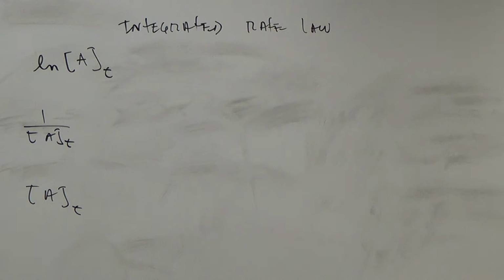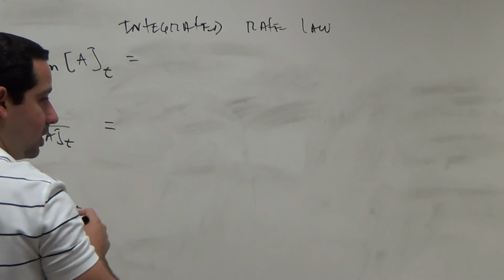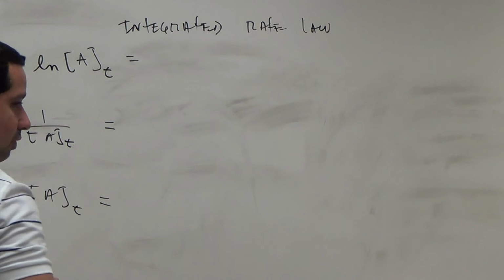So, what do you remember for first order integrated rate law? ln. Second order? Reciprocal, 1 over At. 0th order? Just At. If you know this, you will more than likely get the rest of it correct. If you make a mistake here, there's no way you're going to get the rest of it correct.